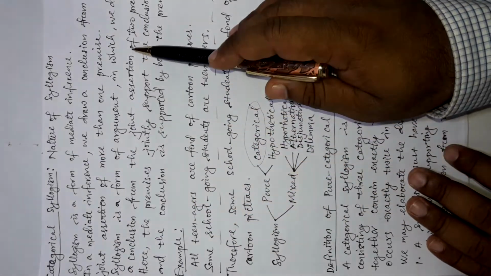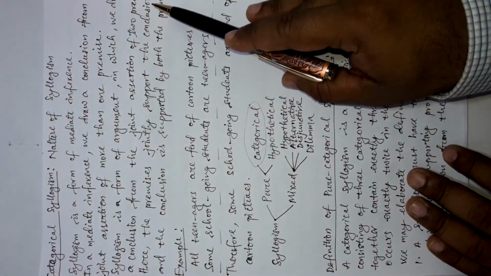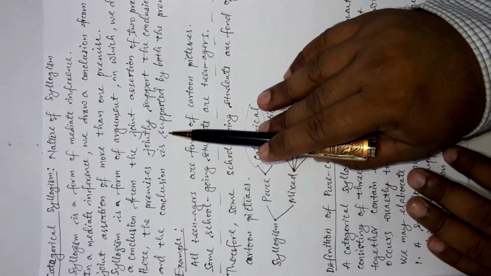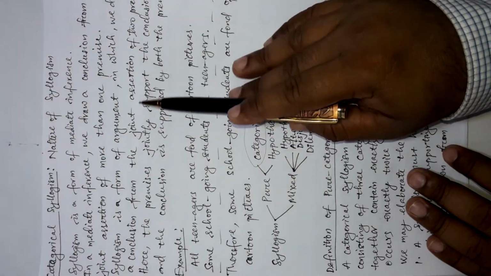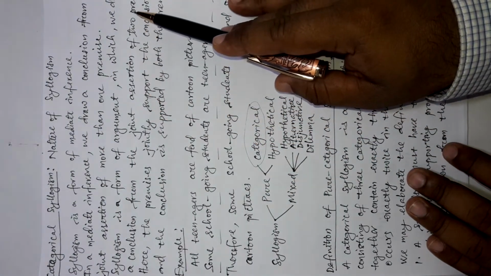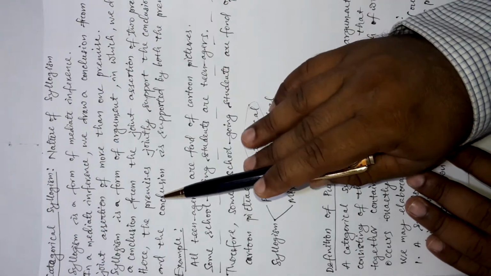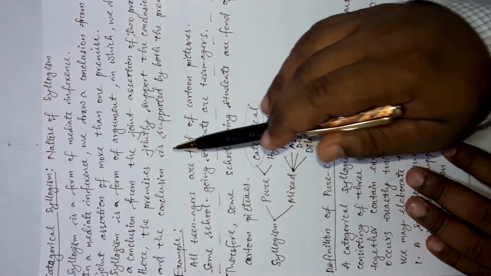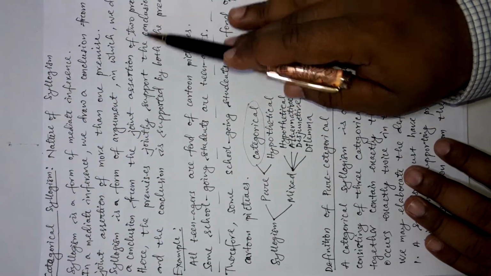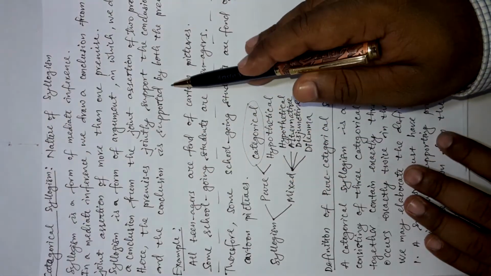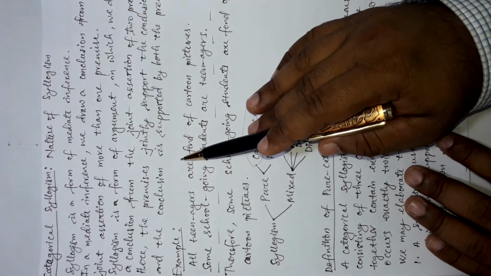I think you are a little clearer now. In a syllogism, which is a two premise and one conclusion argument, these two premises jointly support the conclusion, and the conclusion is also supported by both the premises.